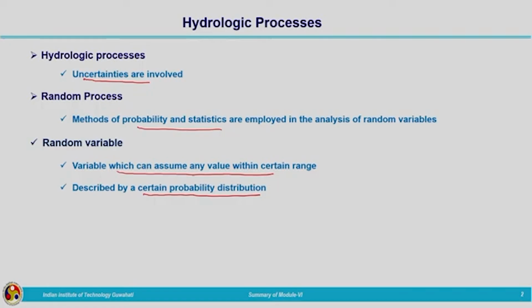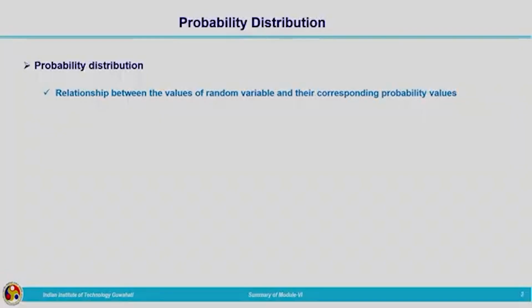These things in detail we have covered in the lecture related to probability distribution. Now, coming to different probability distribution, this distribution means finding out the relationship between the values of random variable and their corresponding probability values. As I told, this particular random variable takes a single value.